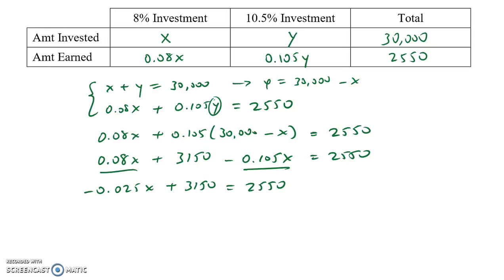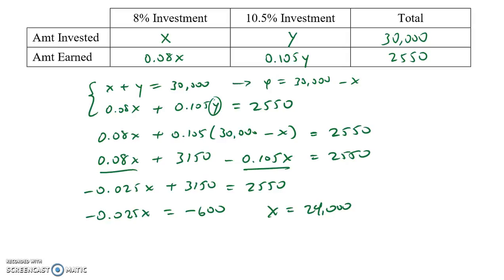So now let's subtract 3150 from both sides. So 2550 minus 3150 is negative 600. Then divide both sides by negative 0.025. And when you divide, you obtain 24,000.